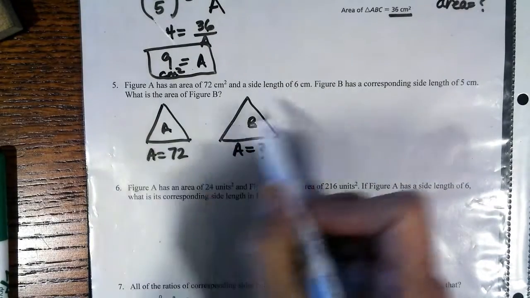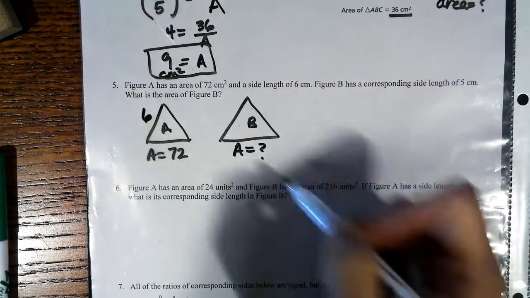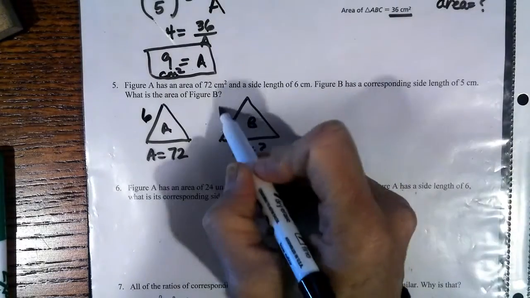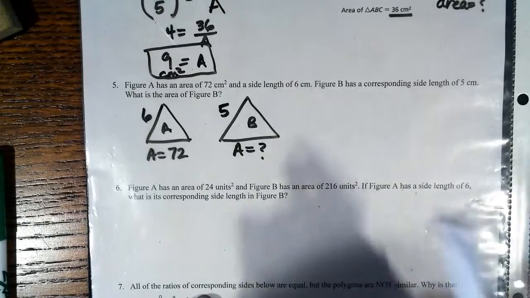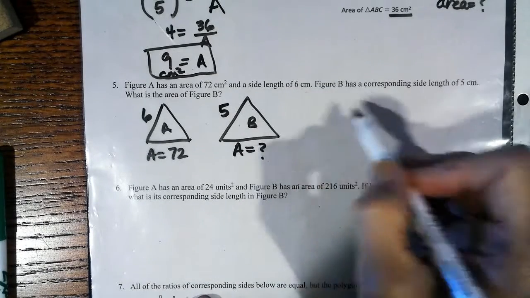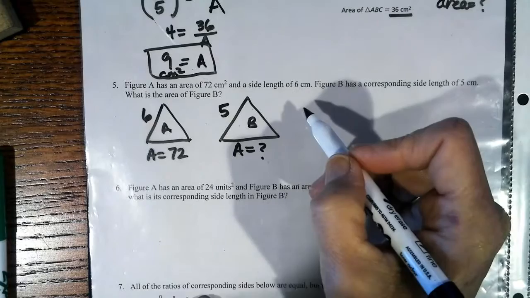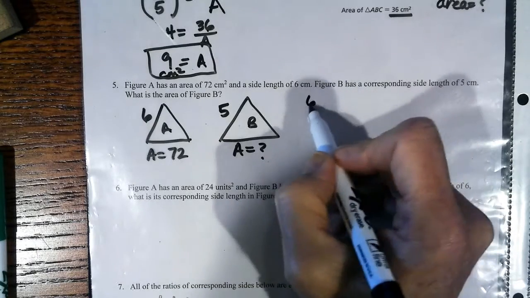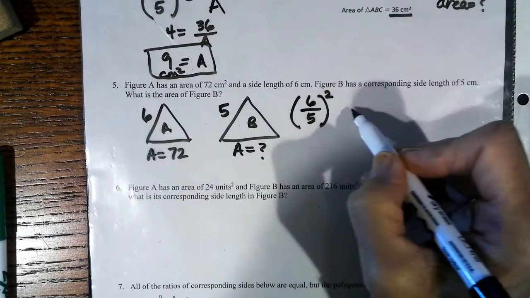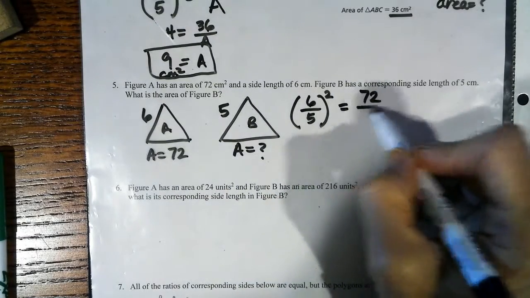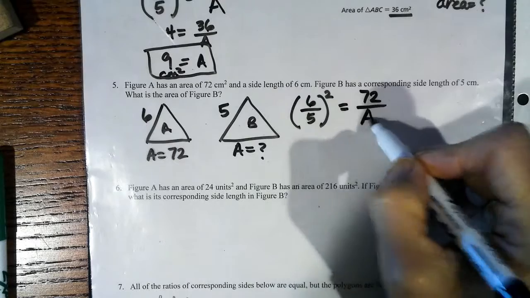It says this one has a side length of 6 centimeters, and this one has a side length of 5 centimeters. They're all centimeters, so I don't have to worry about that. But again, scale factor squared equals area ratio. So 6 over 5 squared equals 72 over area.